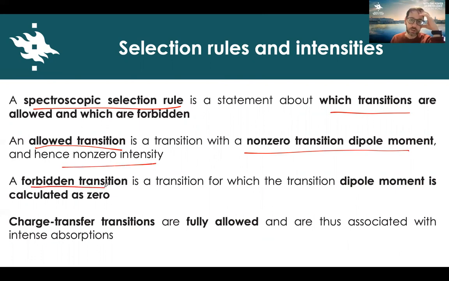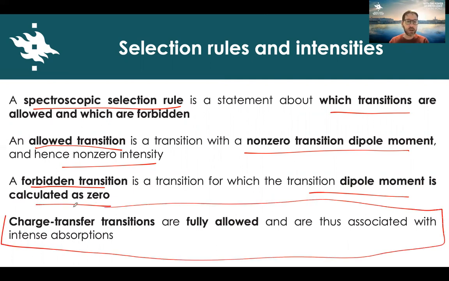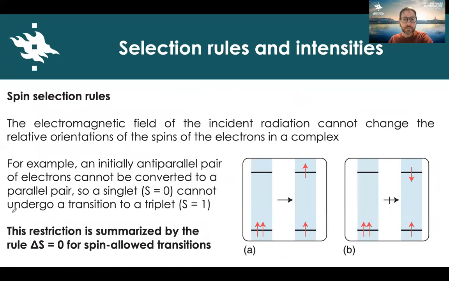A forbidden transition is a transition for which the transition dipole is calculated as zero. So one of the reasons why we have such a large intensity for charge transfer bands is that they are fully allowed, and therefore they lead to intense absorptions.